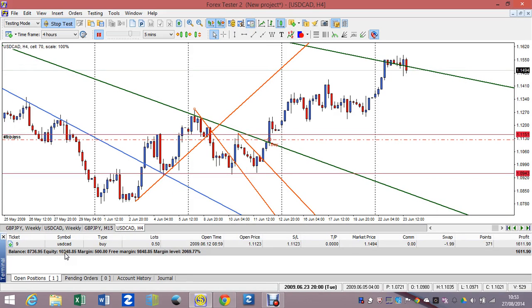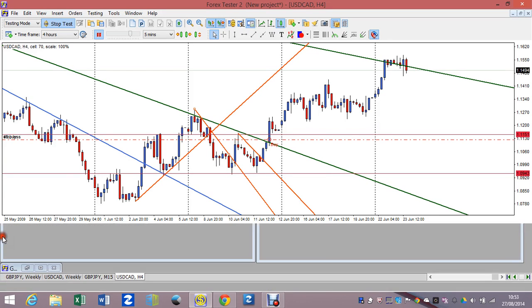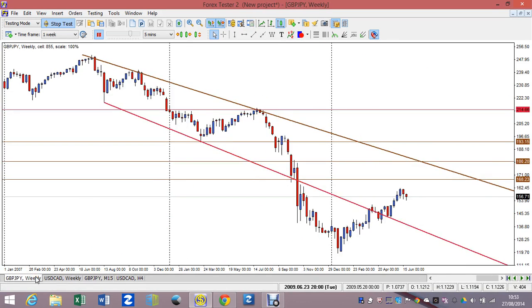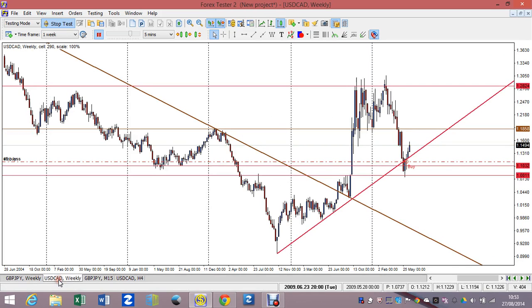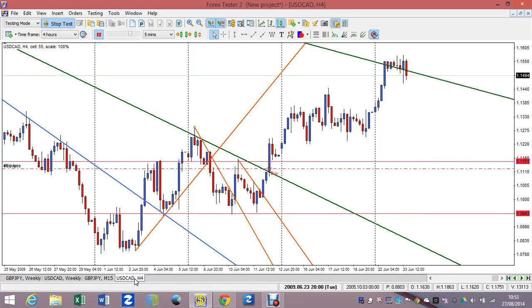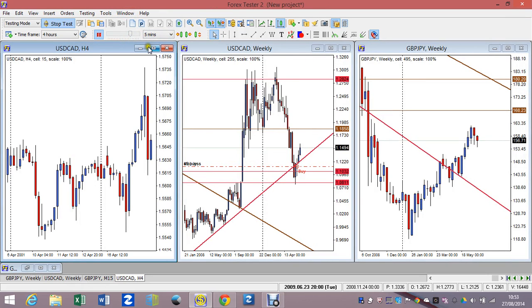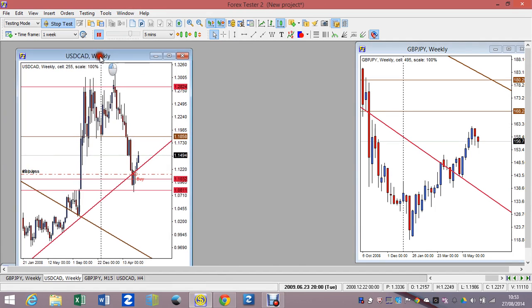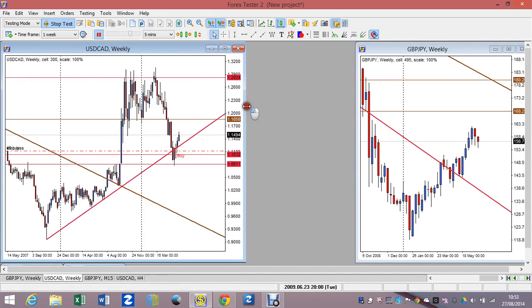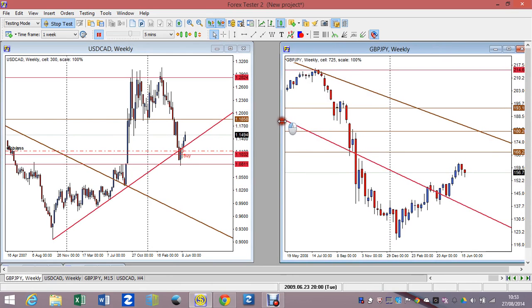It's taking me back into positive at the moment. Okay, I don't want to over analyze it on the short-term charts. So let's move on the weekly.